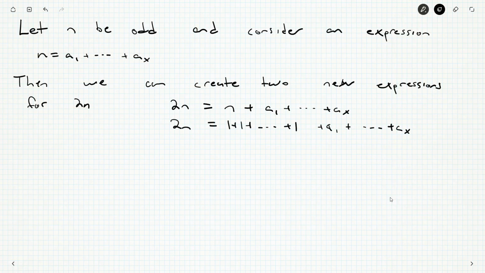So we can create two new expressions, unless they're all equal to 1, or a1 is equal to n.